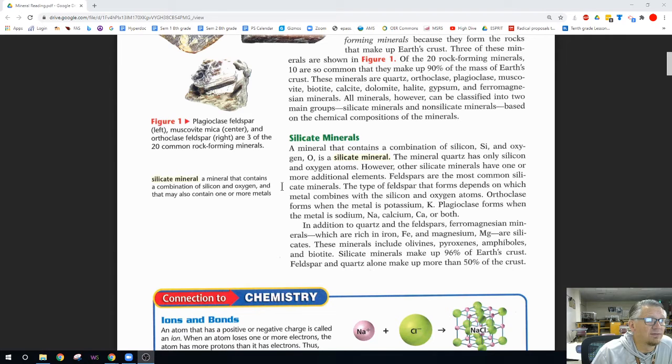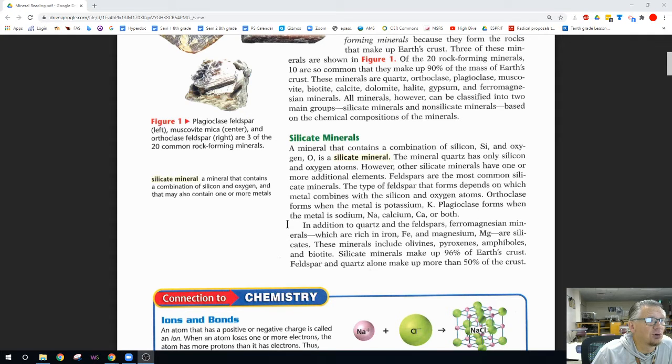The type of feldspar that forms depends on which metal combines with the silicon and oxygen atoms. Orthoclase forms when the metal is potassium. Plagioclase forms when the metal is sodium, Ca, or both.